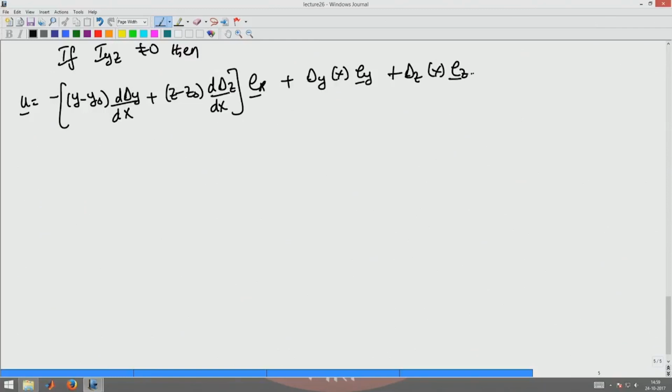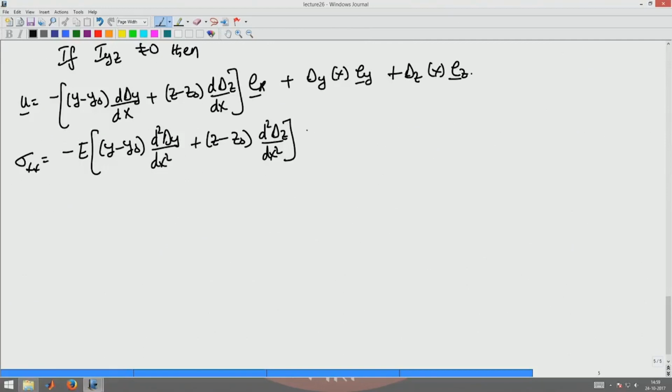The displacement field, similar to u and v, I replace u and v with y and z here, remains the same. Then my sigma xx would be minus E times y minus y naught d square delta y by dx square plus z minus z naught times d square delta z by dx square. This will be my stress.